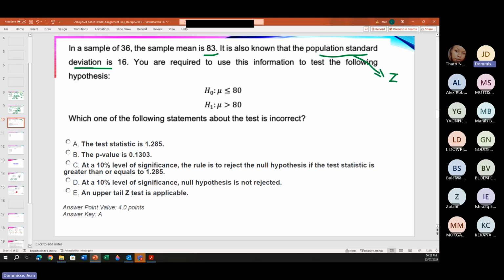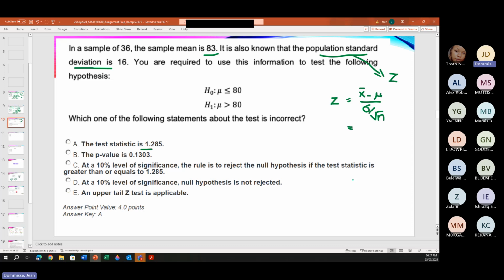They tell us the test statistic is 1.285, and that we need to work out. That we work out with what we did in study unit 7. So work out the Z.